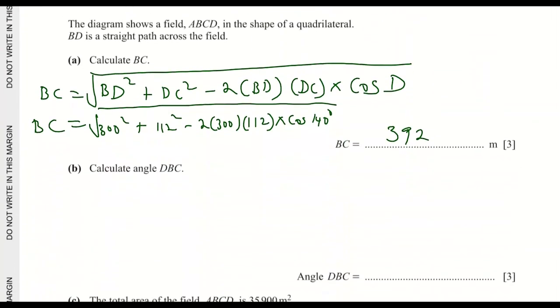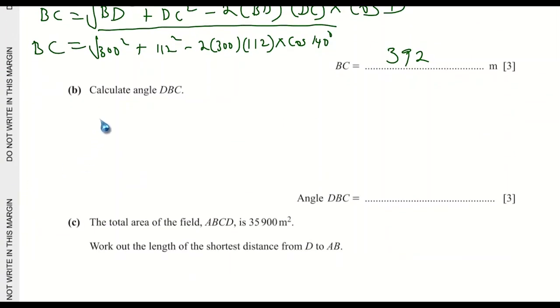We can just say 112 over the sine of the corresponding angle, sine DBC, equals 392 over sine 140.